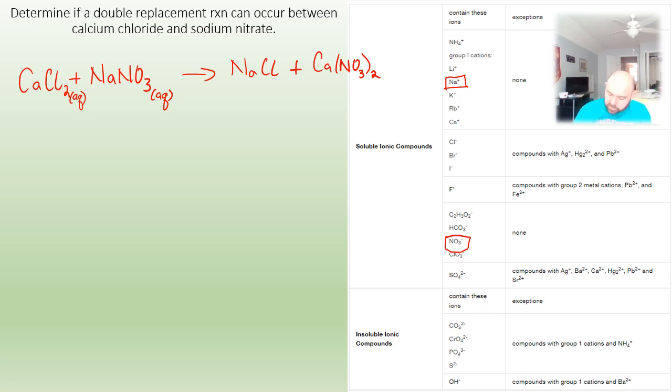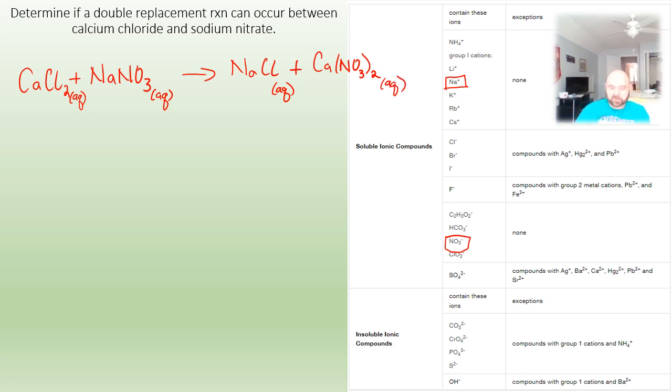Sodium chloride is a chloride, and chlorides are soluble as long as they are not with silver or with mercury or with lead, and sodium is neither silver nor mercury nor lead, so sodium chloride is soluble. Again, all nitrates are soluble without exception, and so this also would be a soluble compound.